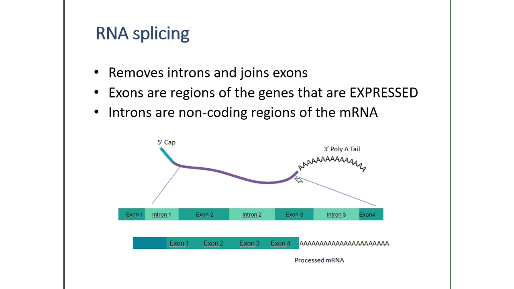In the RNA that you've copied, right, there will be a bunch of introns in it. So you would take out all these things, and then you would connect exon 1 with exon 2, and then exon 2 with exon 3, and then 3 with 4. And so you remove all the junk DNA, and you end up having a processed mRNA that is both stable and doesn't contain any non-coding information.